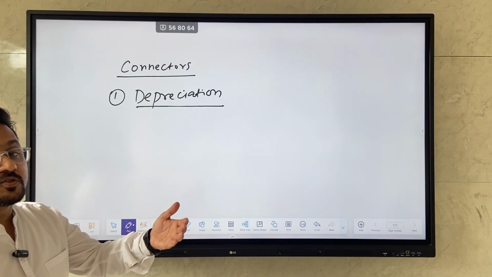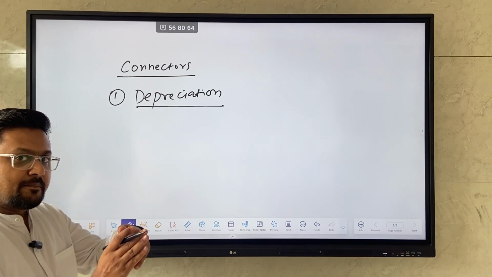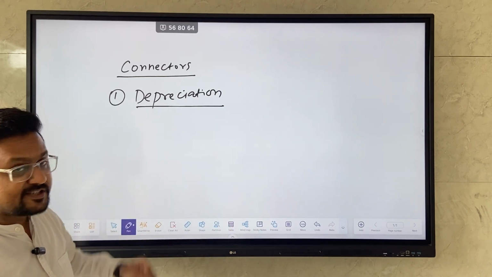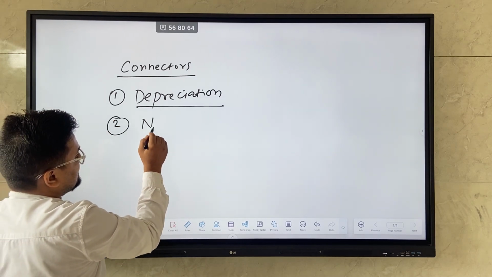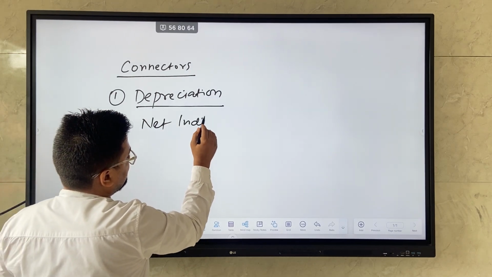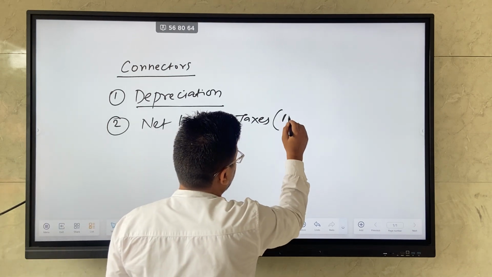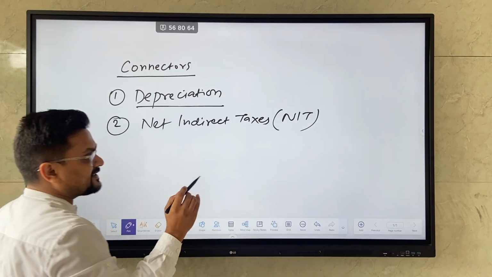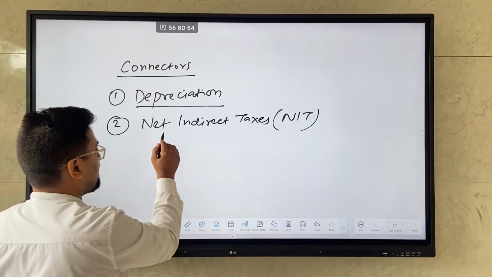In fact, it is also replacement cost. So these are common but alternative names of depreciation. The second connector is net indirect taxes. Net indirect taxes means indirect tax minus subsidies.